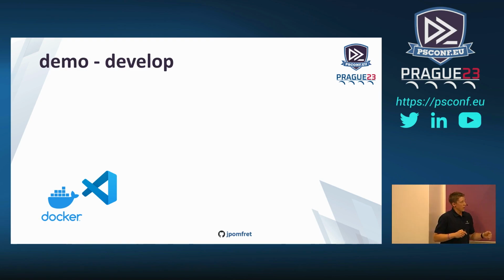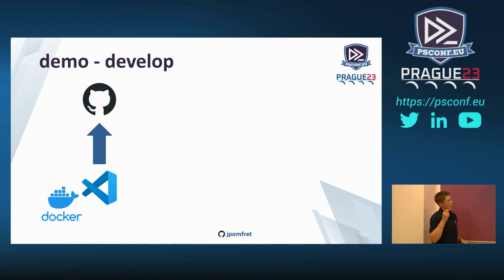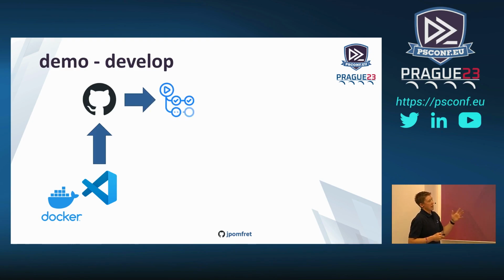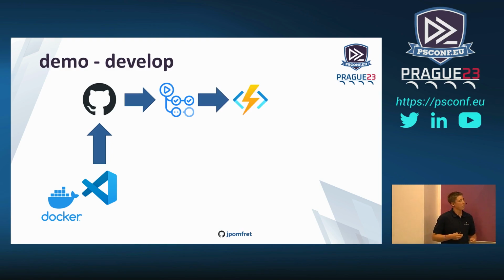Once I develop my function in my dev container, I'll push that code to GitHub. Then some magic happens, right? GitHub Actions. You can have GitHub Actions run when you push code, when you have a pull request, all kinds of triggers for that. But what it'll do is deploy my function code to an Azure Function app. Now, if this is the first time you're hearing about this, you're like, okay, that is a little step too far.